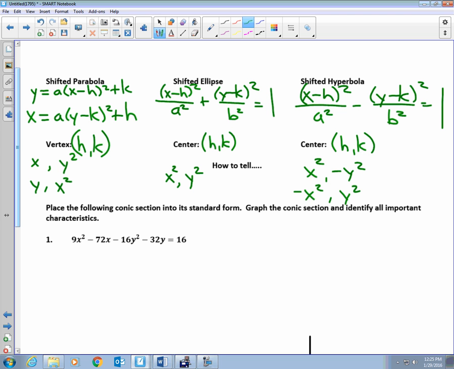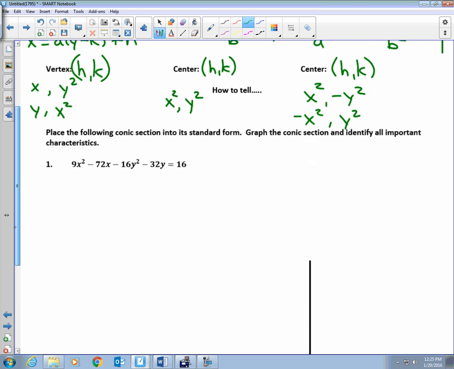And notice that it matters on which side of the equal sign everything is on. So right now, by looking at this equation, is it going to be a parabola? No. Why? Both are squared. Is it going to be an ellipse? No. Why? Because the y here is negative. So it's going to be a hyperbola.